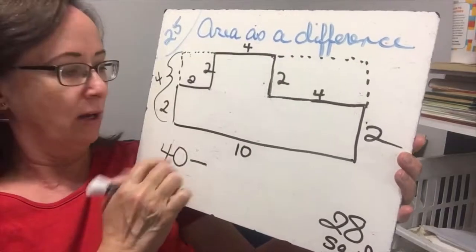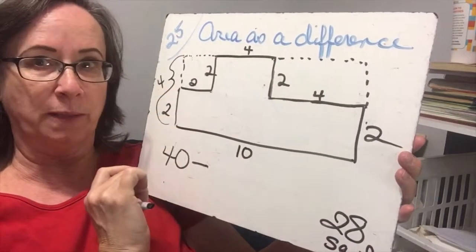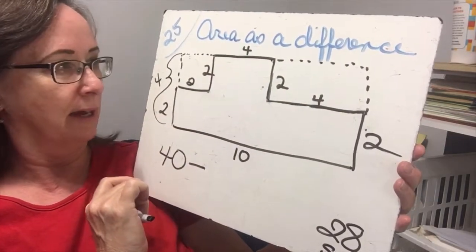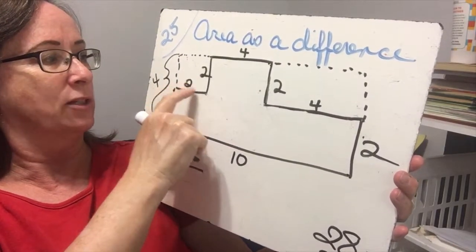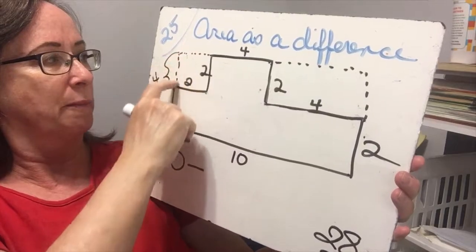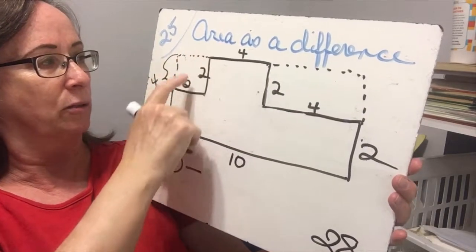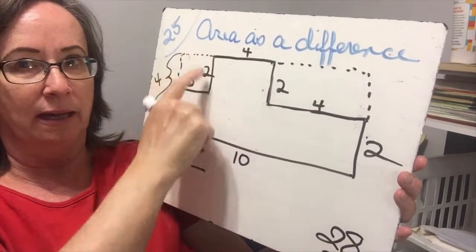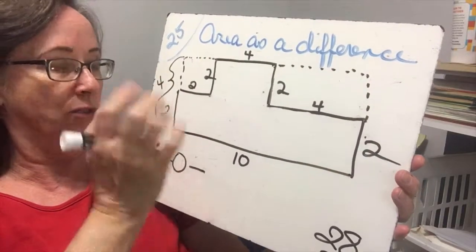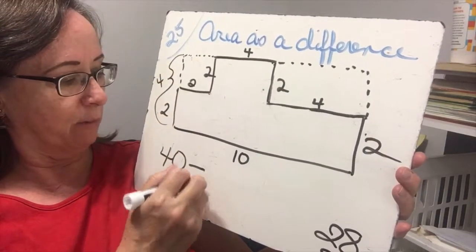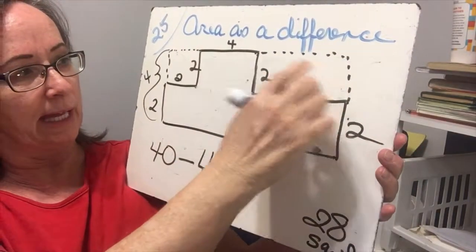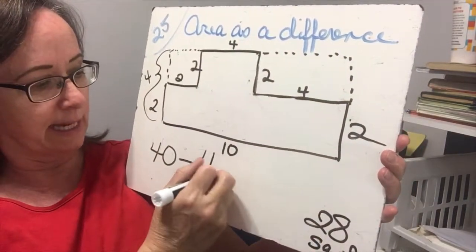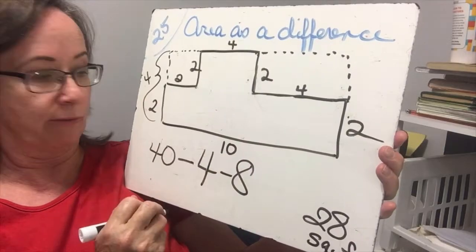And then we're going to take away the 2 pieces that somebody has eaten of this big cake. So this one is a piece that is 2 by 2. So this side is 2 and that side is 2. So the area of this eaten piece of cake is 4. So we're going to take away 4. And then the area of this piece of cake is 8. So we're going to take away an 8 after we take away the 4.